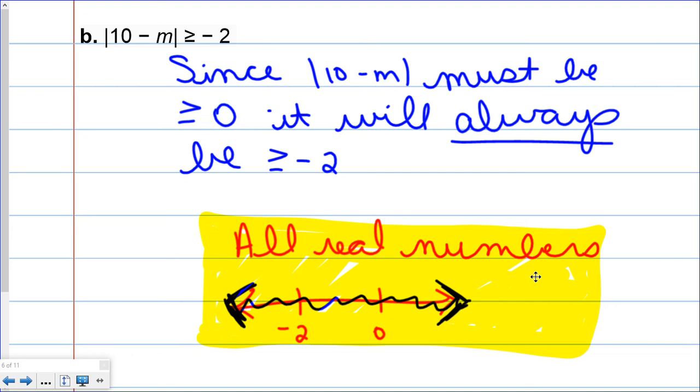Now, let's just make another little side note over here to the side. If we have less than a negative or less than or equal to a negative, it comes out to be no solution.